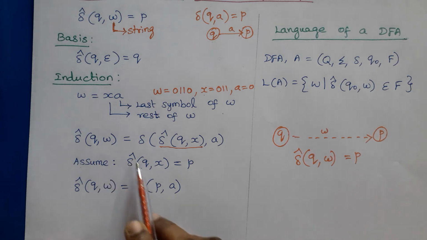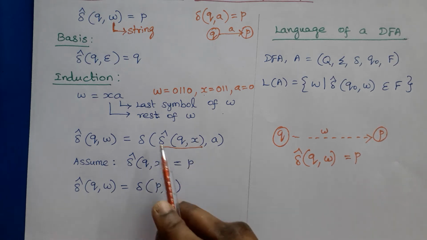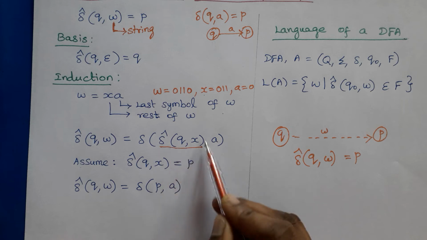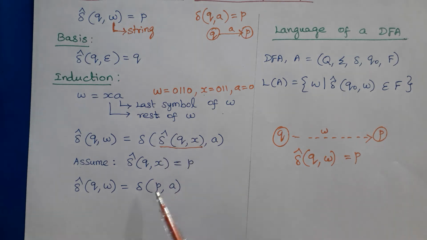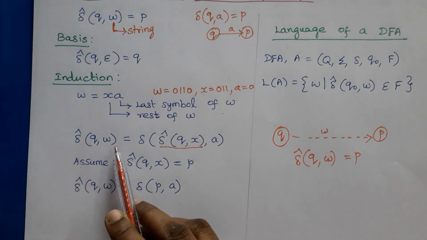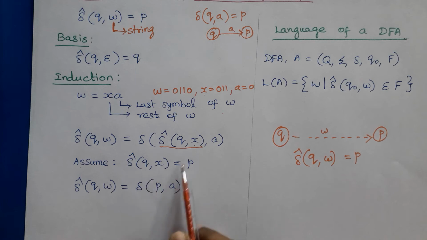Assume that delta cap of Q comma X equals P. That is, after reading all symbols of X, we are in state P. Then delta cap of Q comma W is delta of P comma A. So first we need to find delta cap of Q comma X, which can be found using the recursive step.